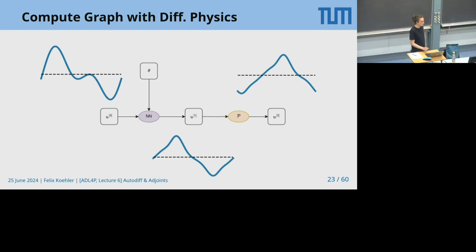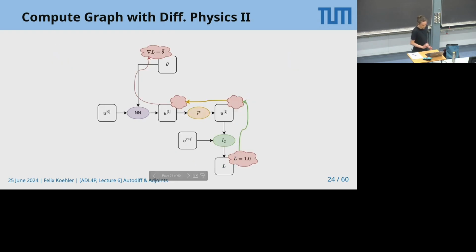So think, for instance, about a one-dimensional simulation, and this could be your state you're in, looks like this, and then the network does something, it looks like that, and then the physics does something, and it looks like this. So whatever the network does, well, we might not be that interested, but the physics here, if you maybe have a good eye for that, could be interpreted as advection, because it moves the state to the right. So here, in that sense, the peaks are moved to the right.